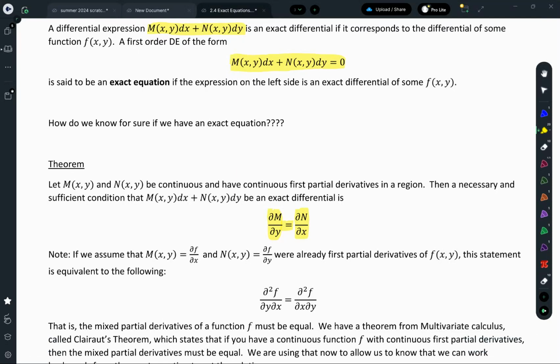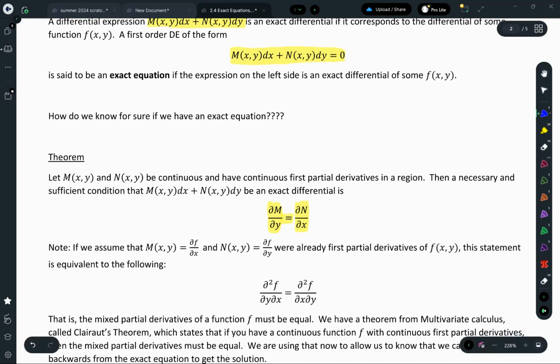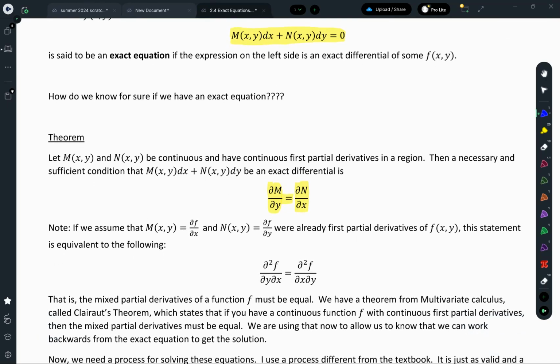If we get that equality, then we know we have an exact differential, which means we're working with an exact differential equation. Now here's what's going on. M is that function that's next to a dx.